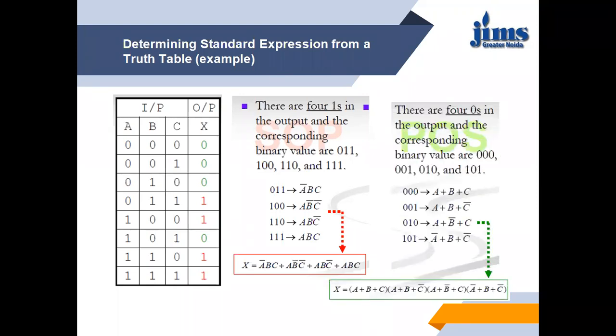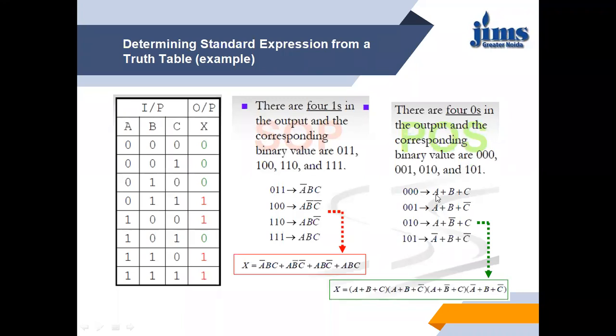So where there is 0, this is POS. Again we have 4 zeros which have the corresponding values as 0, 0, 0, 0, 0, 1, 0, 1, 0 and 1, 0, 1. And we can write out the corresponding value for 0, 0, 0.